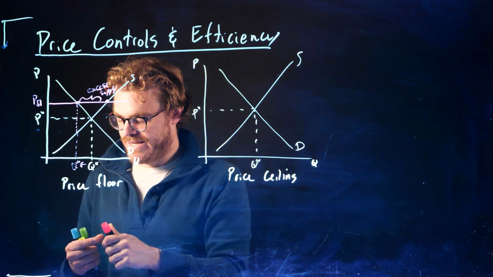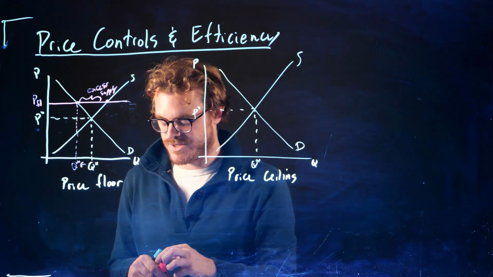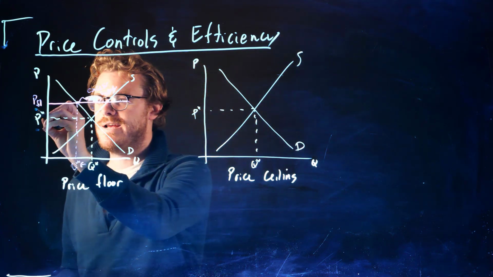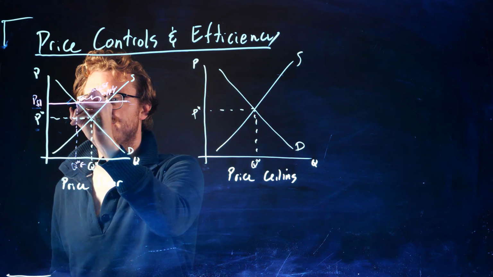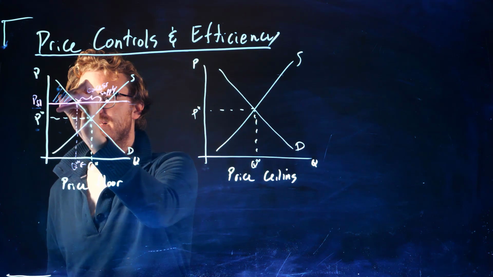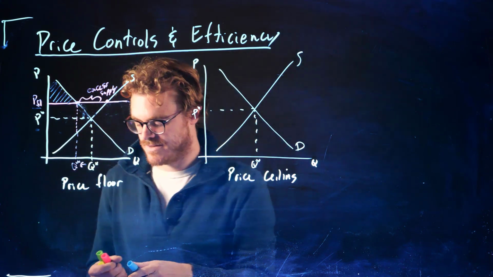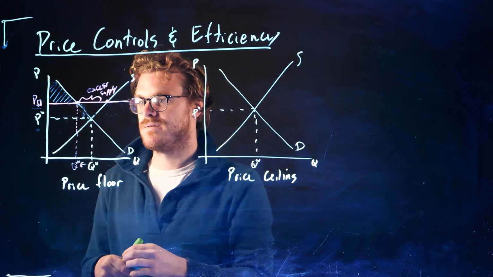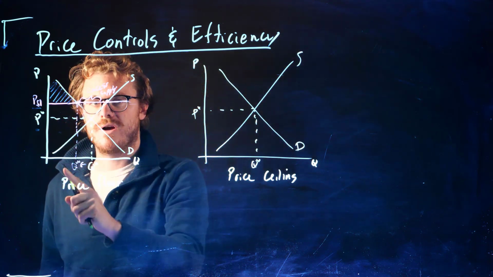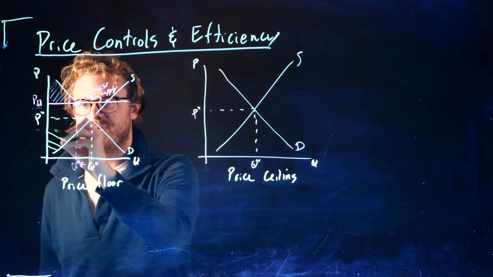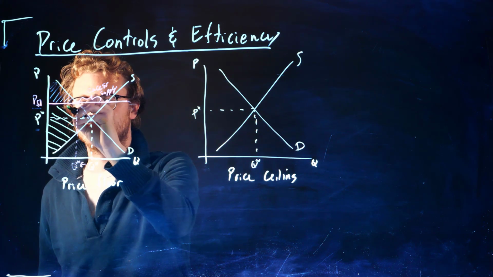So we can think of producer and consumer surplus graphically again. The price is up here now, so below the demand curve, above the price is the consumer surplus. Below the price, above the supply is going to be the producer surplus.